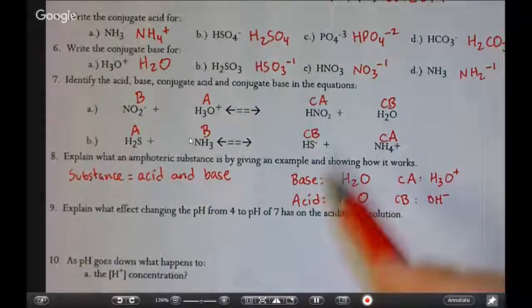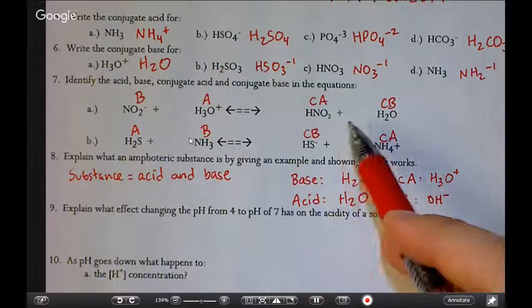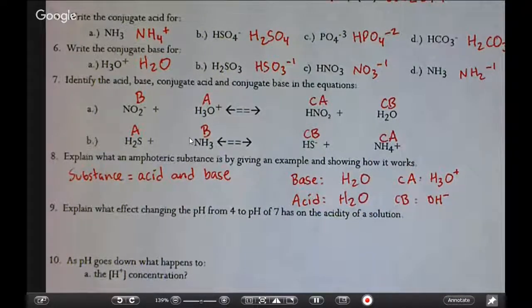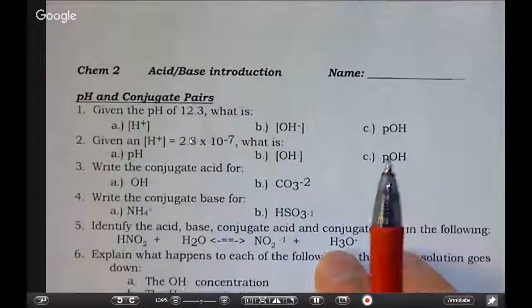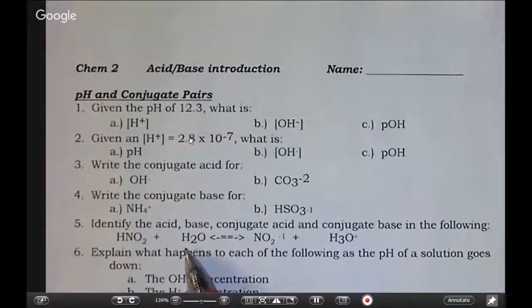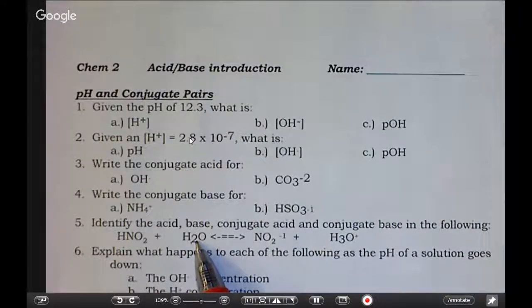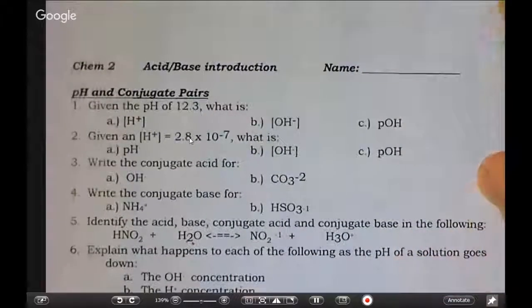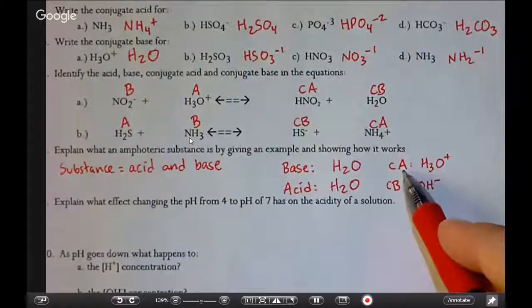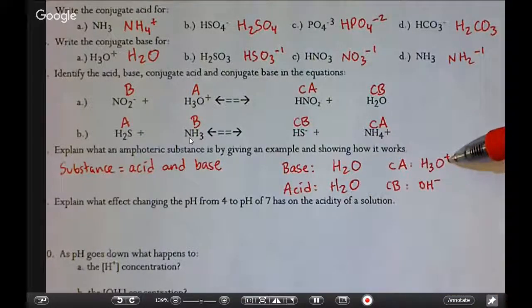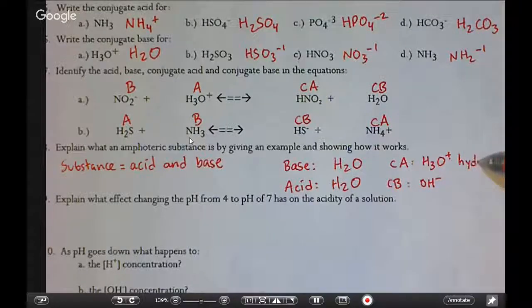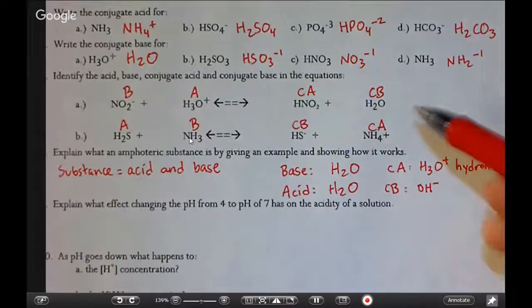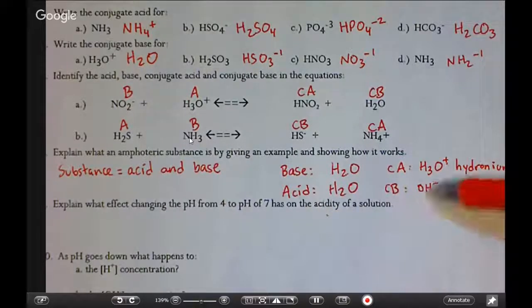Okay, so if we look back up at 7, if we do A, this example here in 5 that we saw, in this case, water acted as a base because it accepted a proton and formed hydronium. Okay, but if it were to act as an acid, it would lose an H and become hydroxide on the product side. Okay, so the conjugate acid on the product, if it's a base, it would become hydronium. And then if it's acting as an acid, we get the conjugate base of hydroxide.